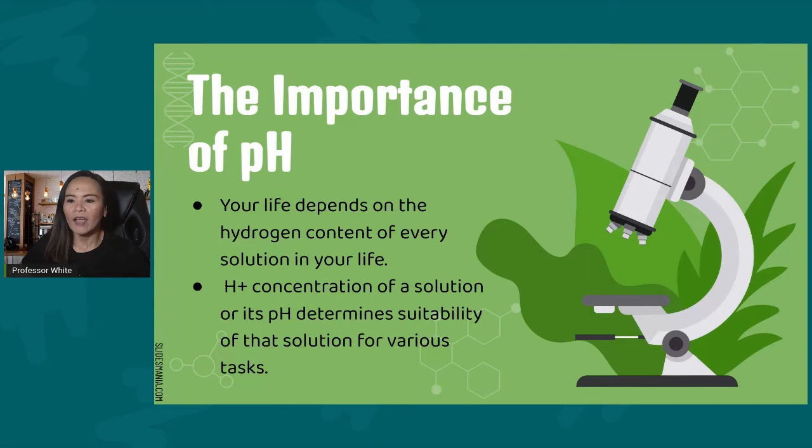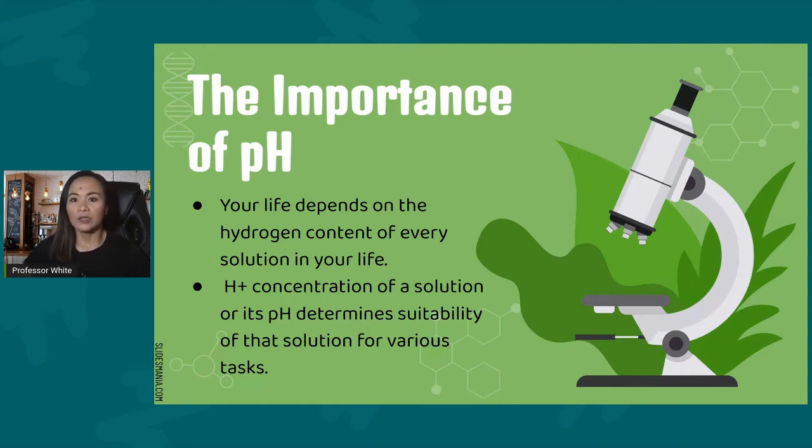Our life is pretty much dependent on pH, mainly because the hydrogen concentration of every solution in your life, whether in your own blood or those drinks that we drink, like soda or coffee, one way or another, is affected by the hydrogen concentration of a solution, or its pH.